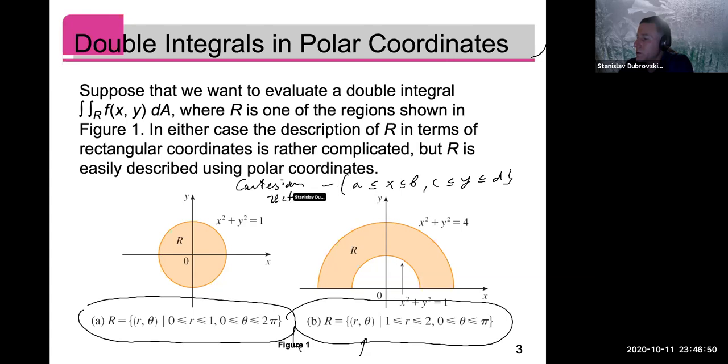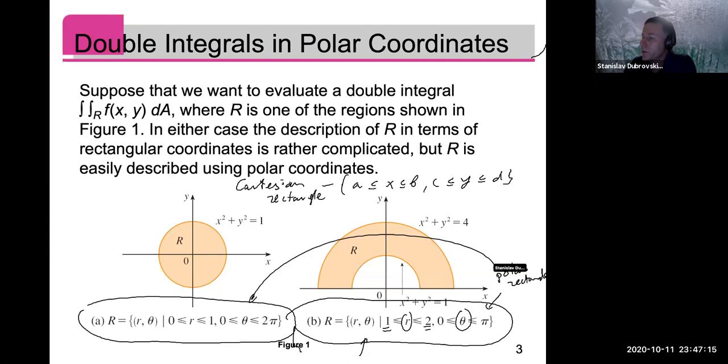But since we are limiting our variables r and theta, polar variables, by fixed limits, then we will refer to this as a polar rectangle in both cases.